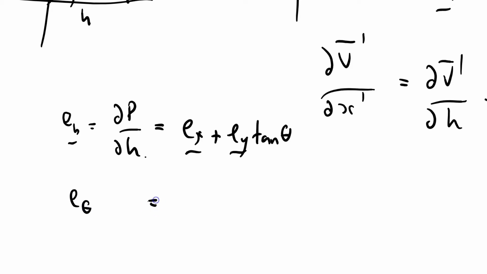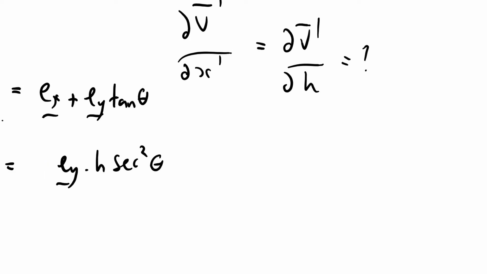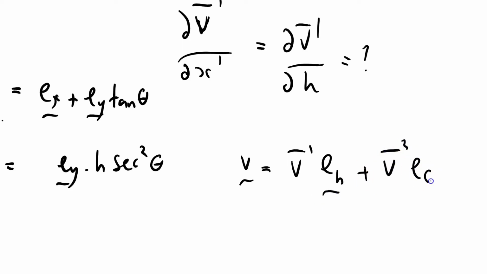And e_theta equals e_y times h sec squared theta, which again I've done zillions of times. So I'm not going to do that again. So what I want to work out is what the barred components of this vector are. V in the barred coordinate system, v bar 1 e_h plus v bar 2 e_theta.